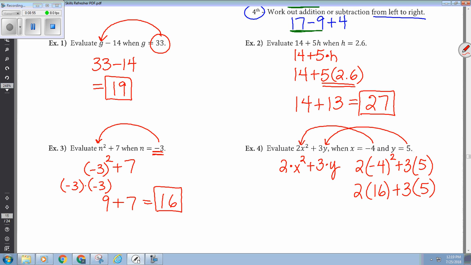So now this is what I have. Remember, multiplication comes next. Multiplying or dividing. 2 times 16 is 32. 3 times 5 is 15. Now you can go ahead and add 32 plus 15 is 47.